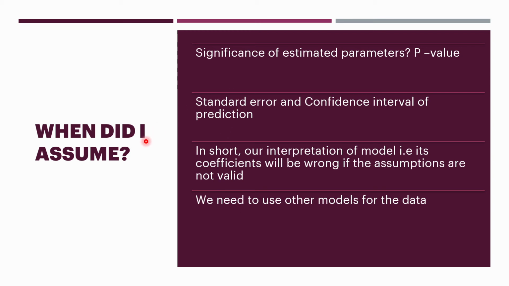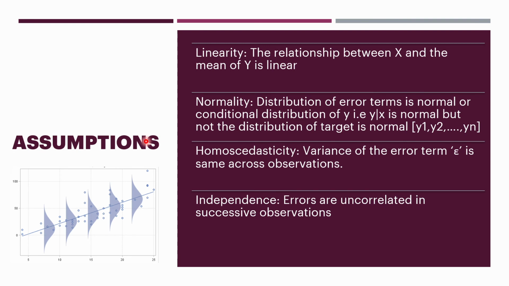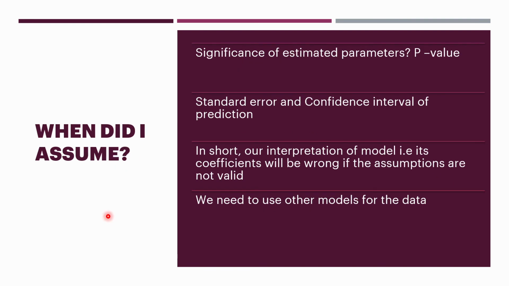While building a linear regression model, we are not just building this line for a given data, we are also doing some more analysis on it. That analysis is where we are actually assuming. What is the analysis that we do on a linear regression model?